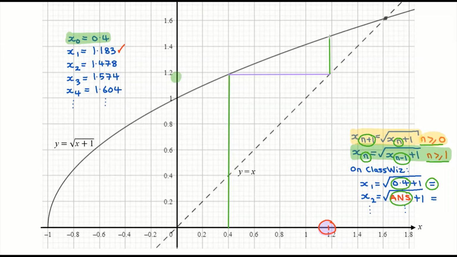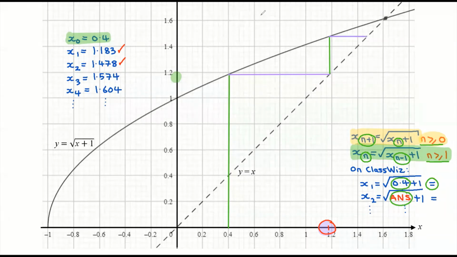Again, that seems to check out. It's what I've got here. Now that's going to be my next x input, so I'm going to use the line y equals x again to find it on the x-axis. It's going to be about there, just reading it off.